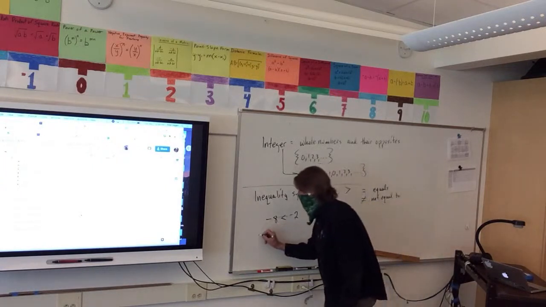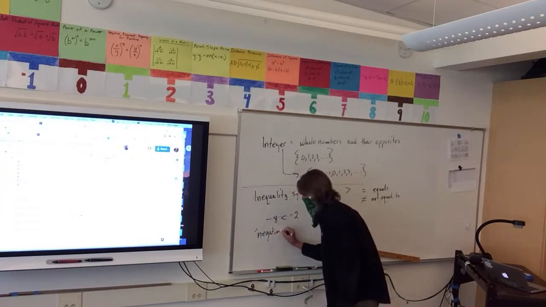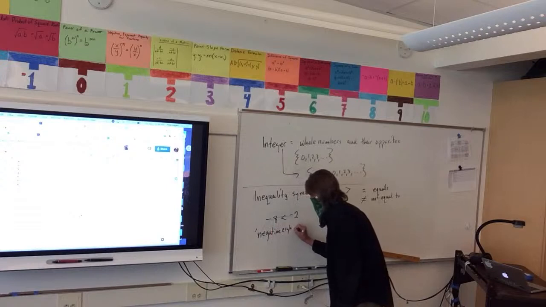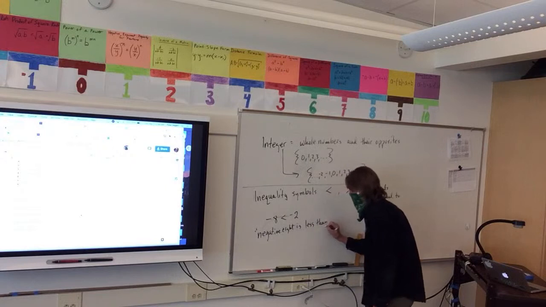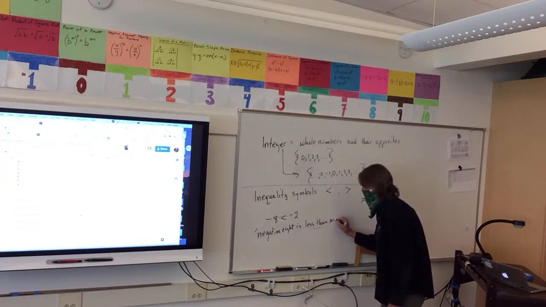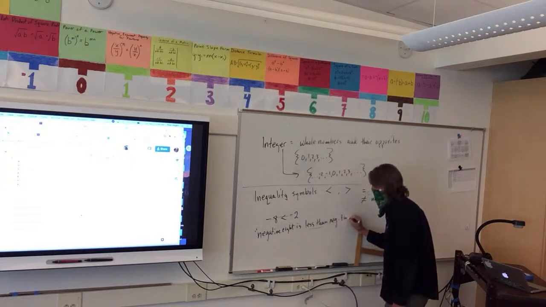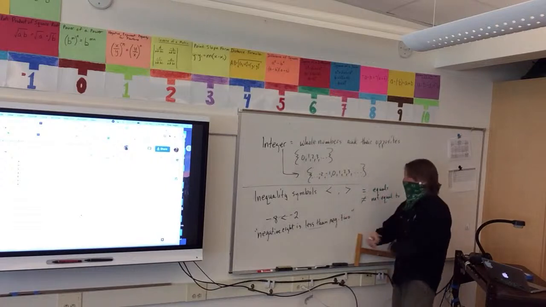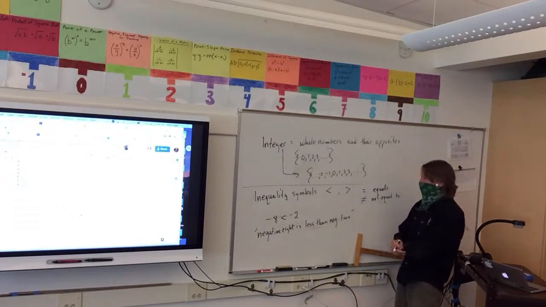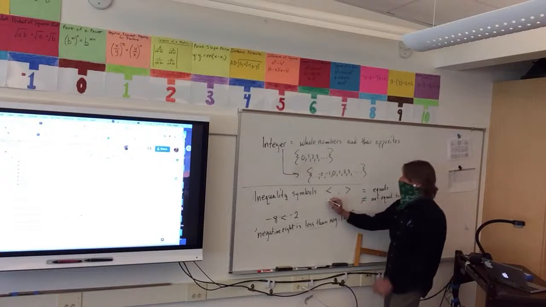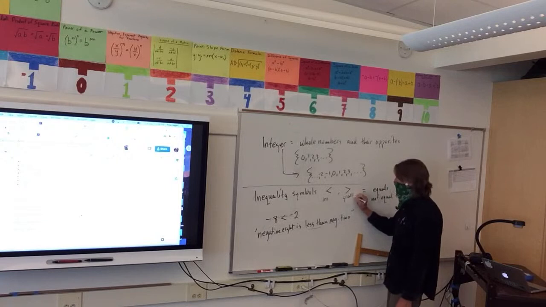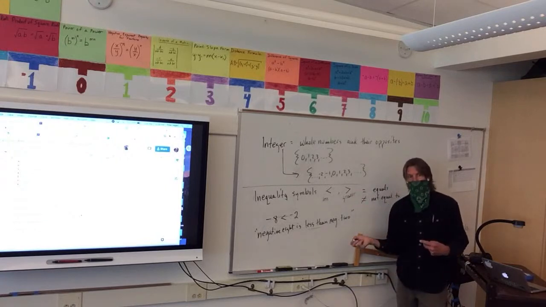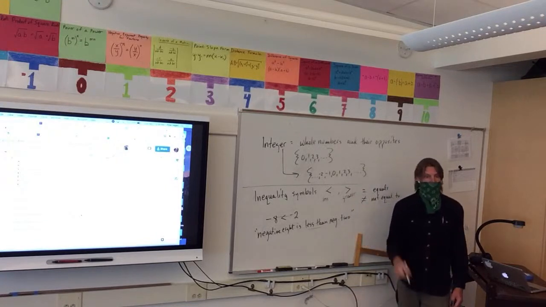If we read this, we would read it, -8 is less than negative 2. So this is less than, this is greater. If we read left to right, and that's how we generally read.